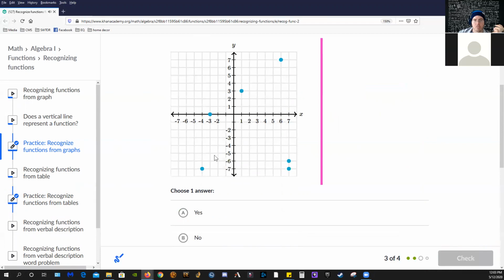Ooh, weird. So this one, the line is a little bit trickier, but you'll notice right here. Let me draw a line. When x is equal to 7, do you guys see that? That's the problem.